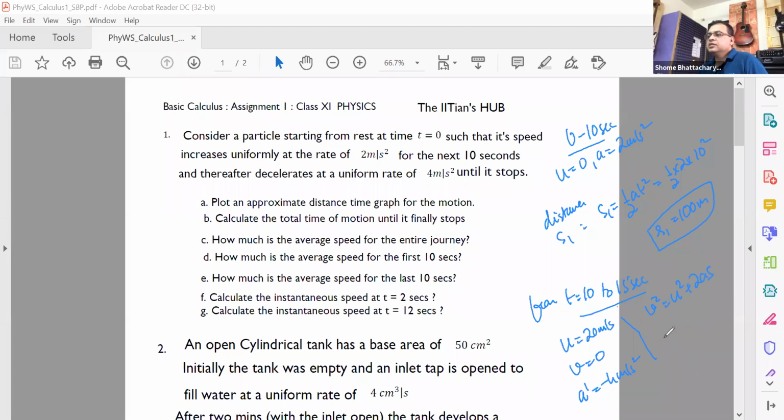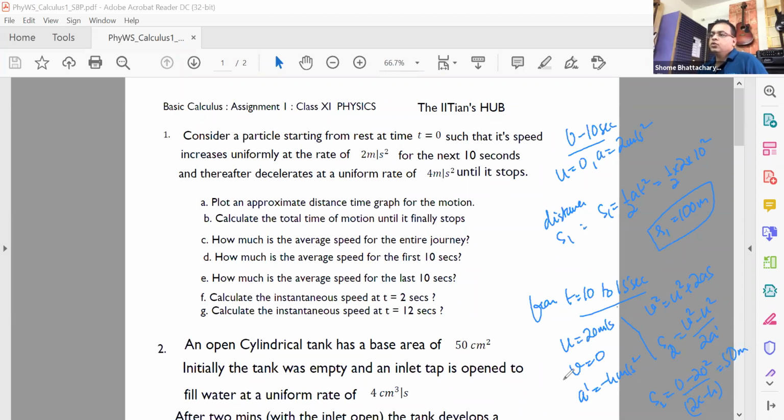If this part has a displacement of S2, it will be v squared minus u squared upon 2a prime. When we calculate that, this comes out to be 50 meters.